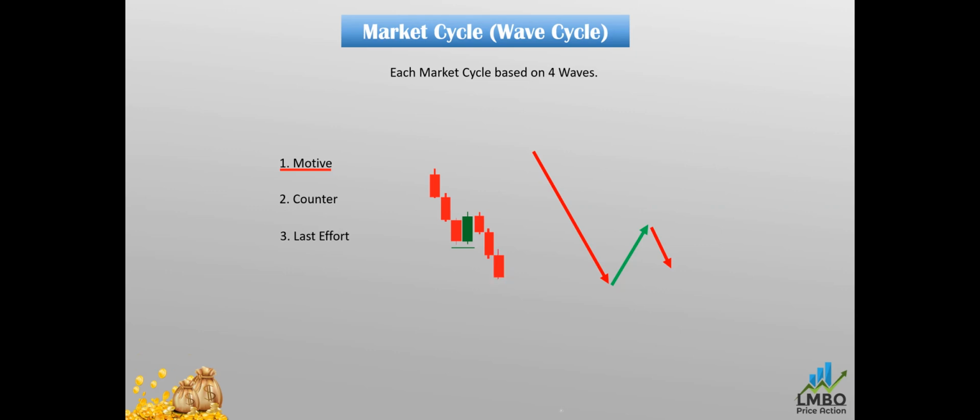This is telling that the sellers are still strong, we want to continue in our direction. In this case, when the second wave is done, the first motive was cancelled, this counter was cancelled, and now we are considering this is a motive wave.